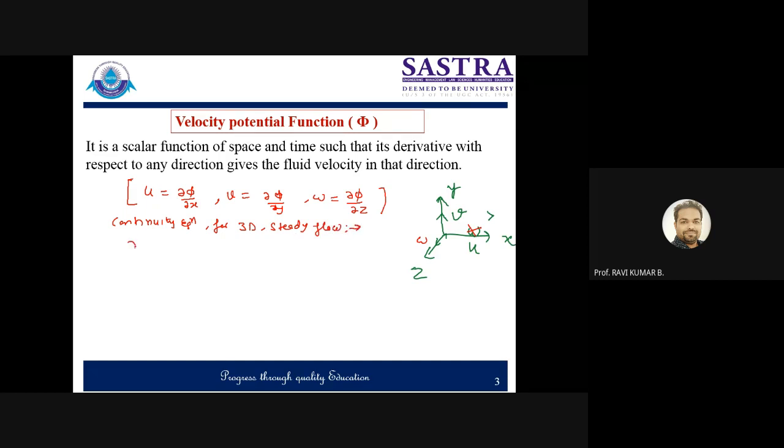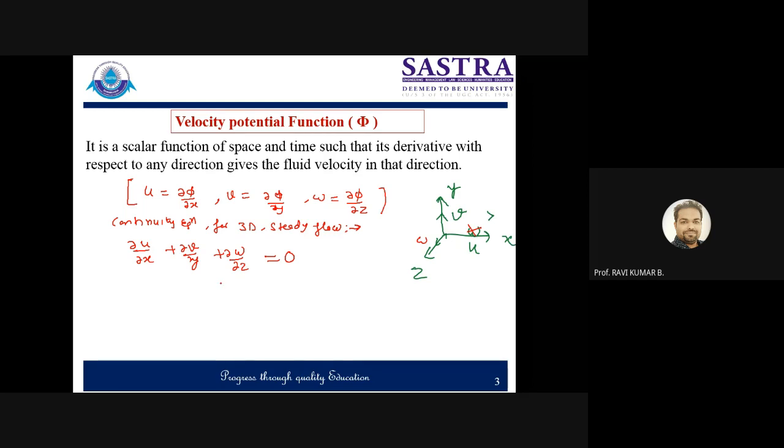We can say that dou u divided by dou x plus dou v divided by dou y plus dou w divided by dou z must be equal to 0. If this is not satisfied, then we say that such a flow is not possible.